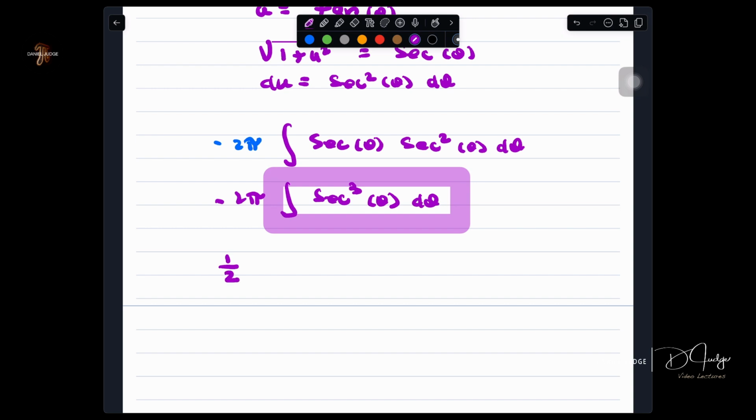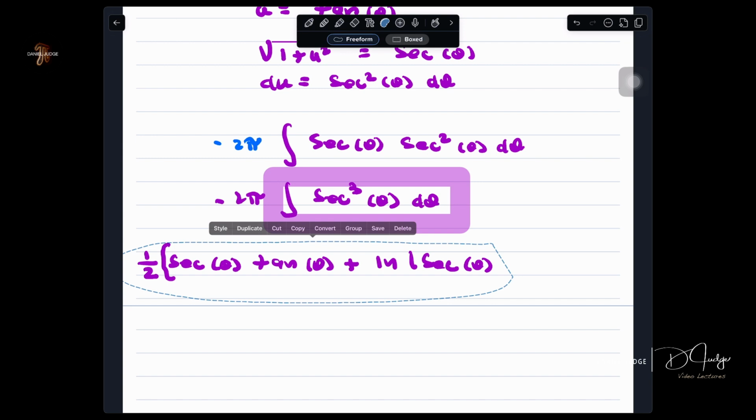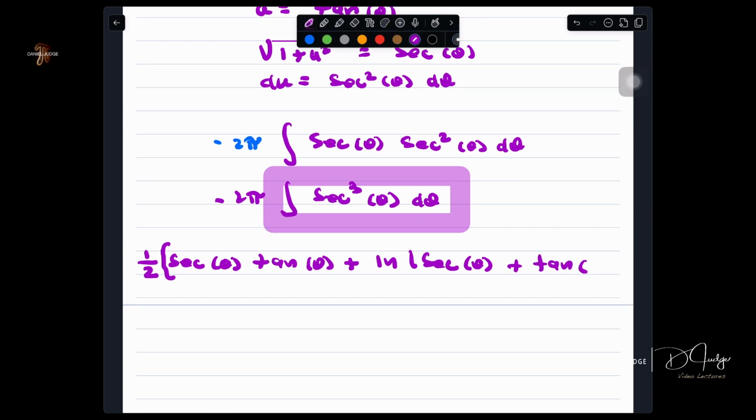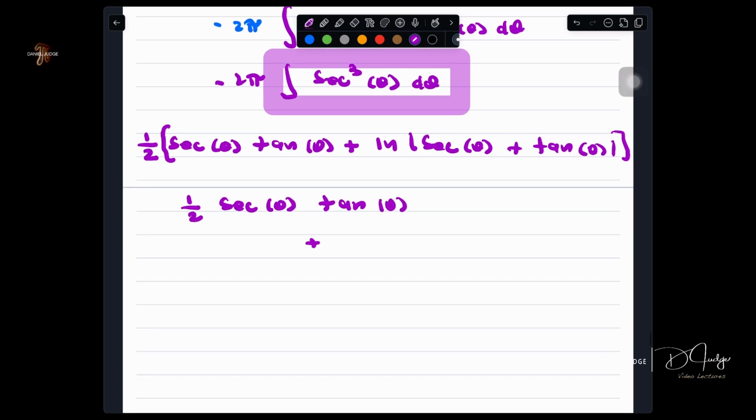The integral of secant cubed is 1/2 secant theta tangent theta, plus 1/2 natural log absolute value secant theta plus tangent theta. All right, let's remember that integral. Let's move this over. I'm going to distribute the 1/2.